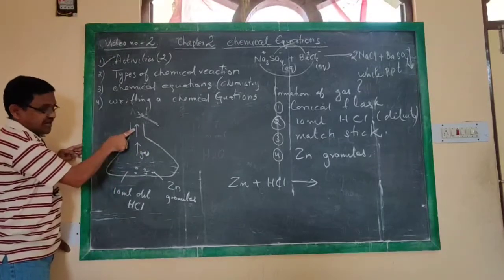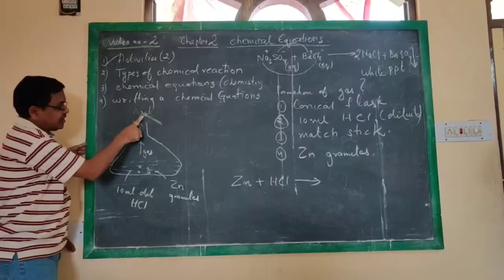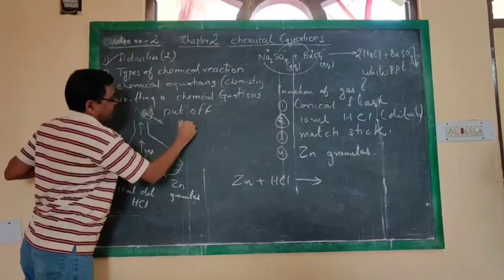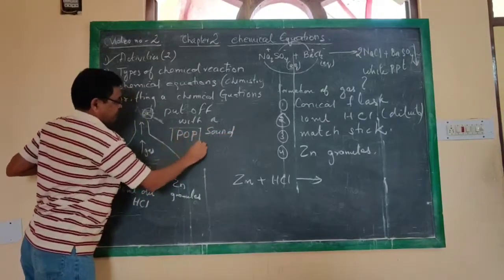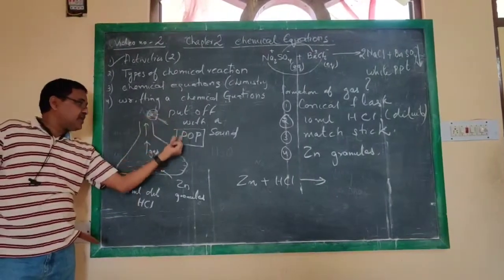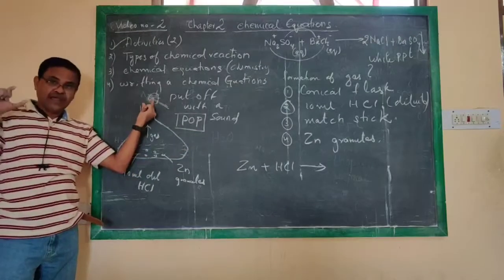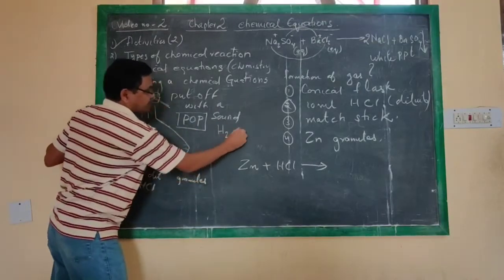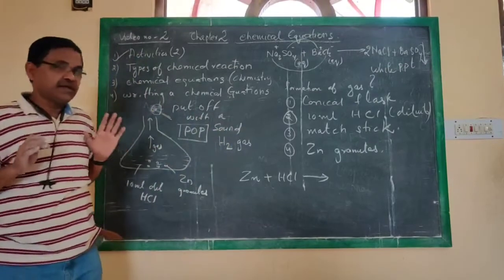When the gas releasing out of this conical flask comes in contact with the burning matchstick, the matchstick will be put off with a pop sound, which indicates that the gas released is nothing but hydrogen gas.